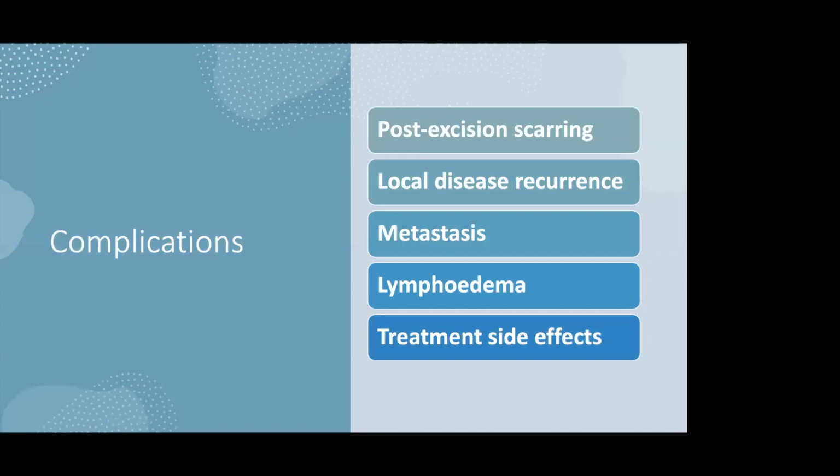Thinking of complications of these treatments or complications of this disease, we can think about the results and the consequence of surgery, the risk of local disease recurrence or the burden of metastatic disease, and also the impact of or potential complications that can occur from treatments themselves.